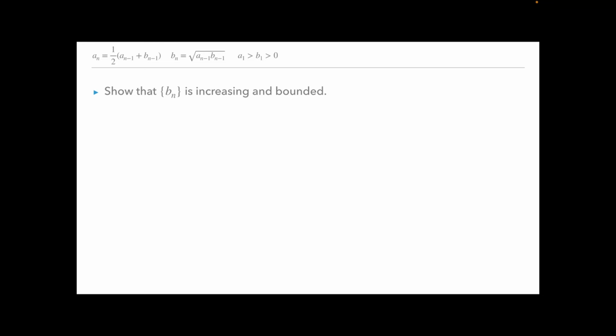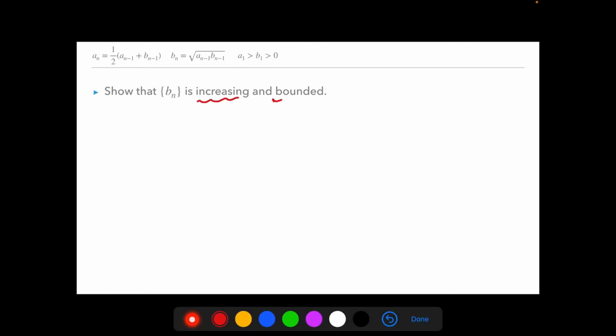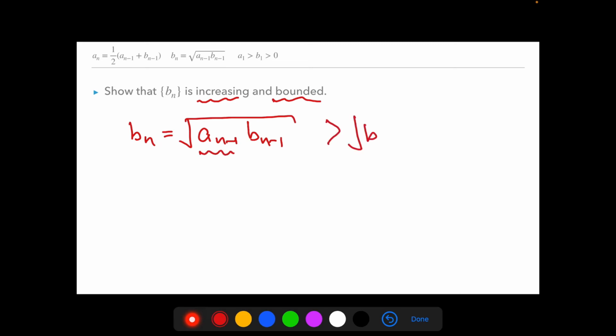Now let's show that b sub n is also convergent. And here we will show that it is both monotonic increasing and is bounded. So how do we show that it is monotonic increasing? Well, b sub n equals the geometric mean of a sub n minus 1 and b sub n minus 1. But we know that a sub n minus 1 is always greater than b sub n minus 1, right?